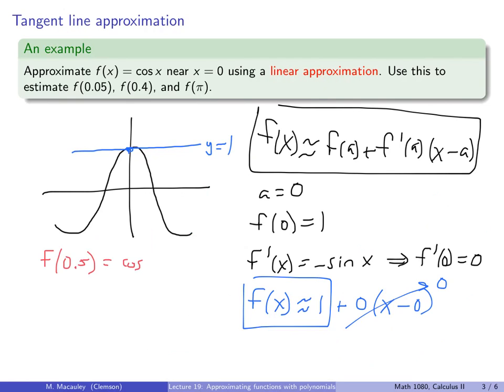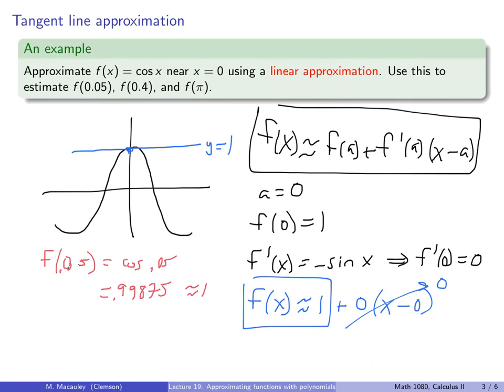The problem actually says 0.05. So cosine of 0.05, and this is the actual value of this, if you were to get out your calculator, is 0.99875, and that's really darn close to 1, which is what our approximation says.